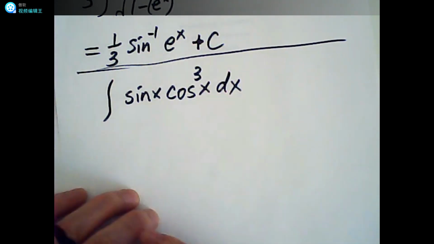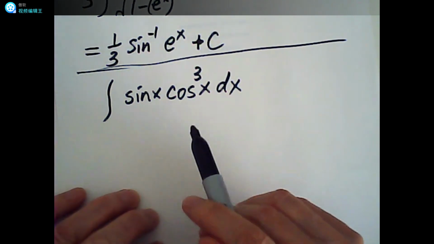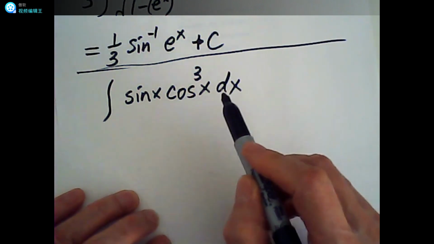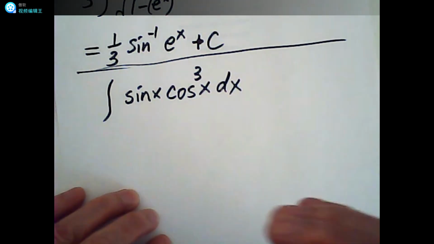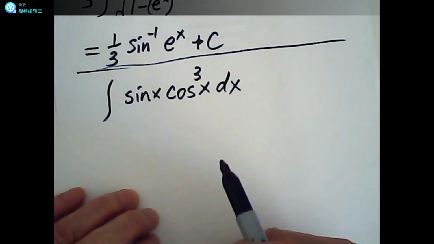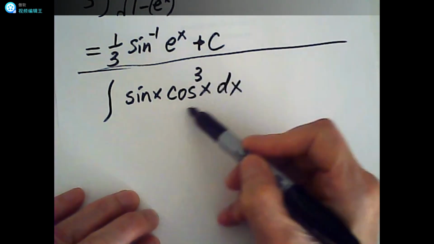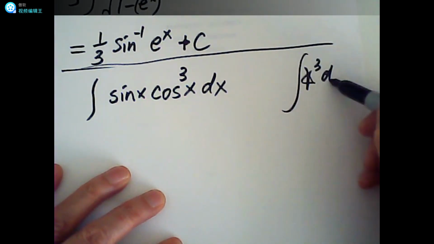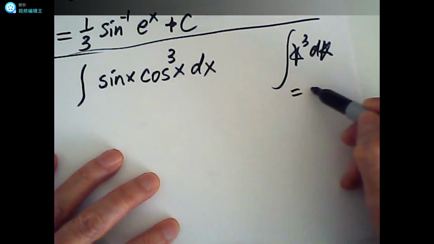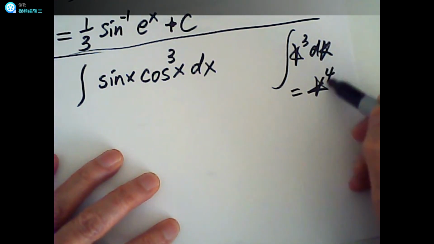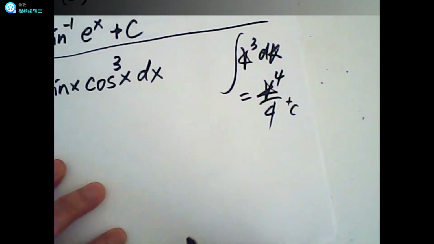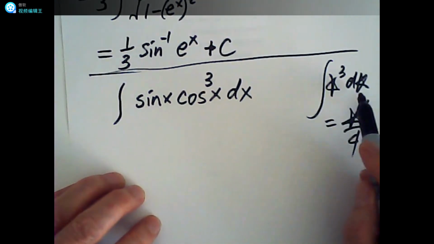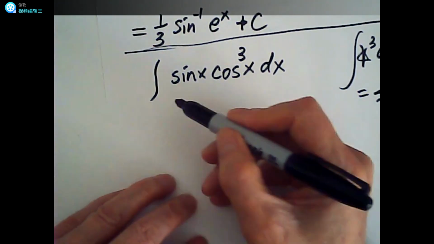This looks very complicated, but if you realize that sine x dx is d cosine x, but negative, then this becomes a power function, d something to the fourth over 4, plus c. If you can see the structure like this, then it's very easy to continue.